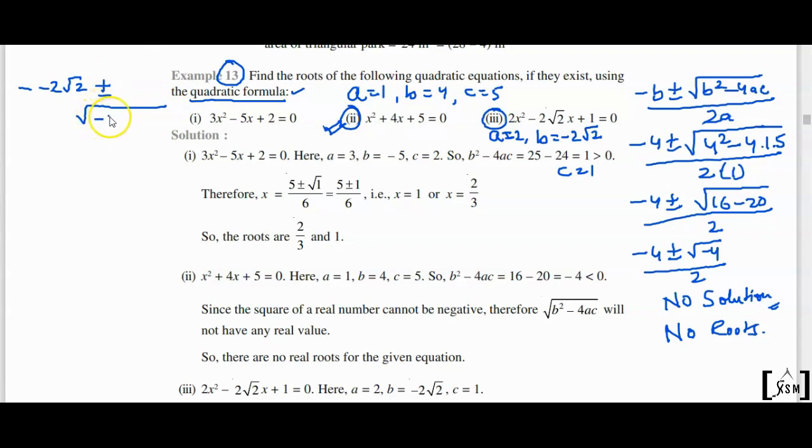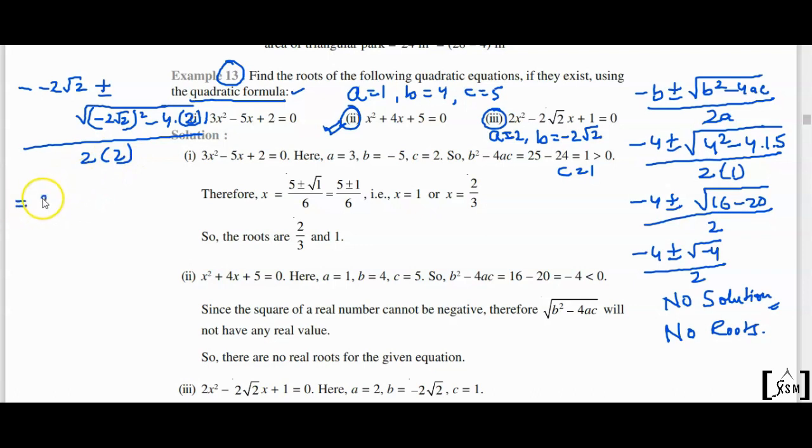So b square will be negative 2 root 2 square, minus 4 times 2 times 1, right? And all over 2 times 2. I'm just plugging into the formula.